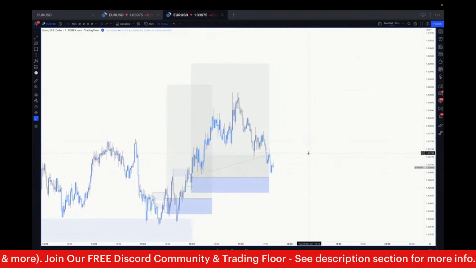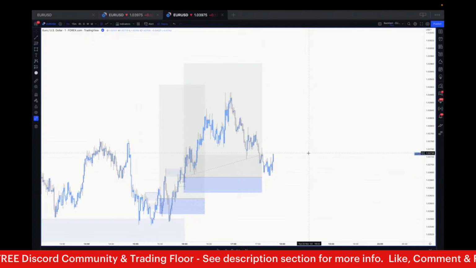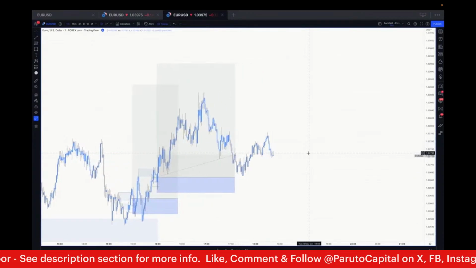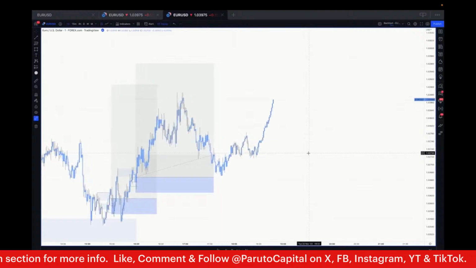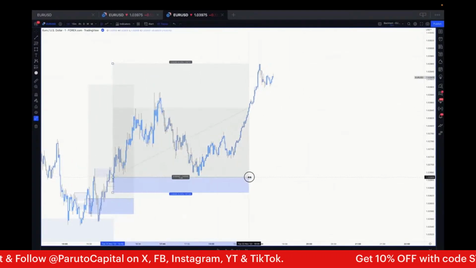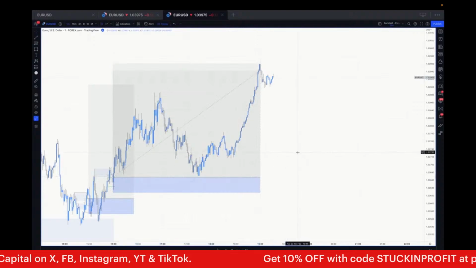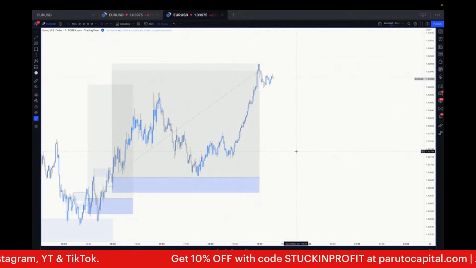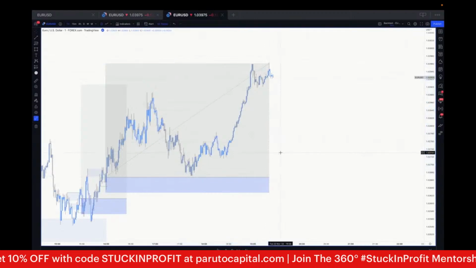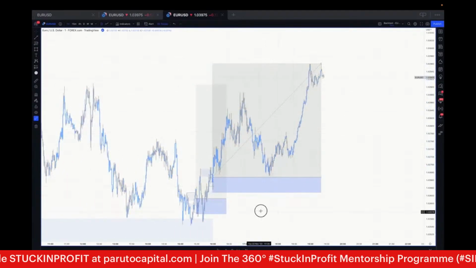So let's see if it's going to give us an entry or it's going to take us out, right? Okay, this is already late in the day, but yeah, good. So anyways, it still went and hit our target, I believe. Yep, it hit the target at about 1 to 7, right?